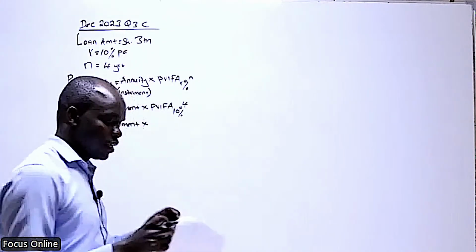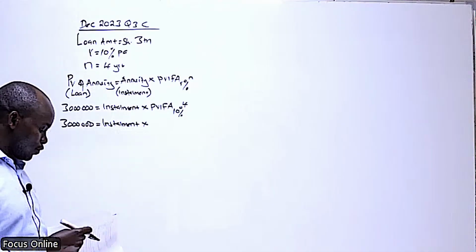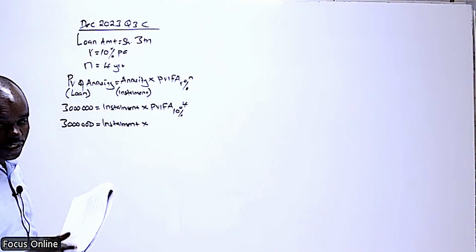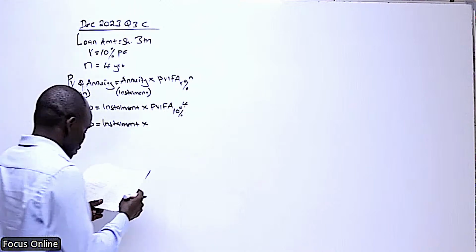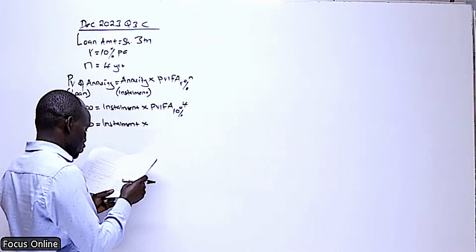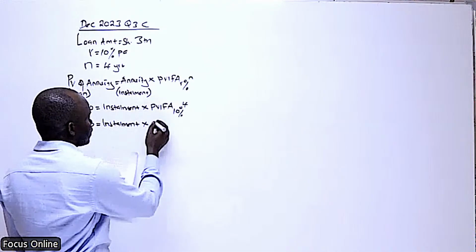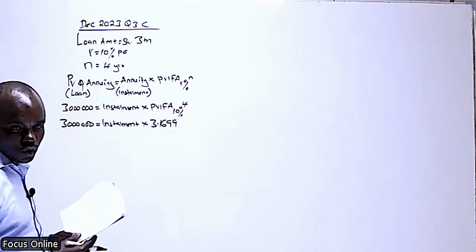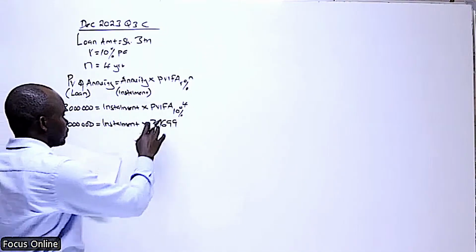So the factor here, 10% at period 4, we are using the lower table. 10% at period 4 should be 3.1699.